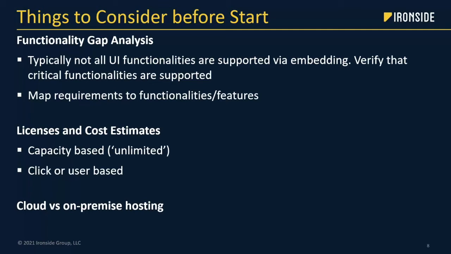Functionality, right? As I mentioned, with embedding, typically you can see probably 90% of functions can be available through embedding, but sometimes some could be missing. So you really need to dig into details. What are the most important things you want to look at, or you want to enable your end users to see in those functionalities, right? I think Power BI has a very thorough list on the website.